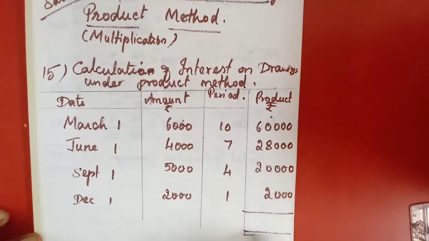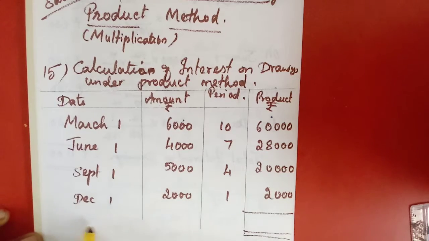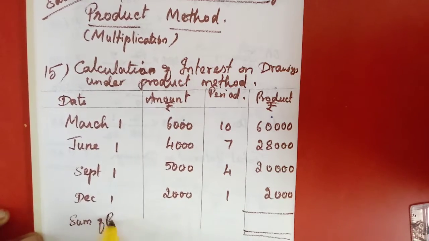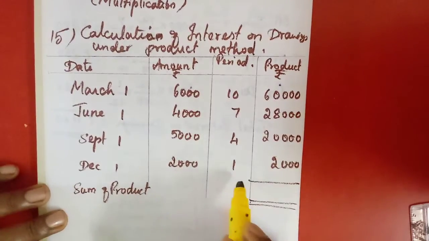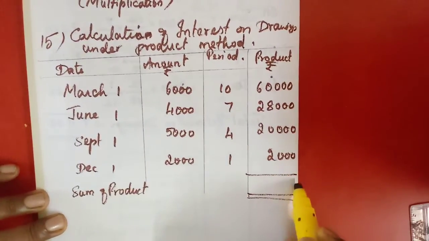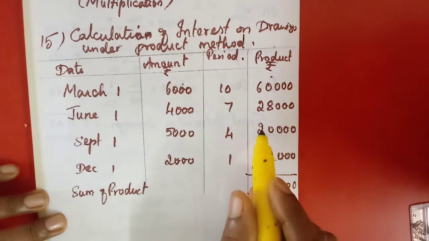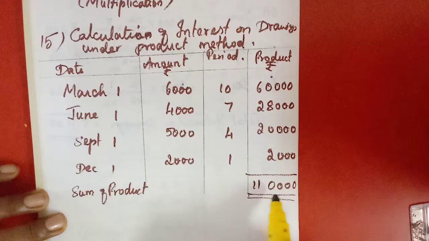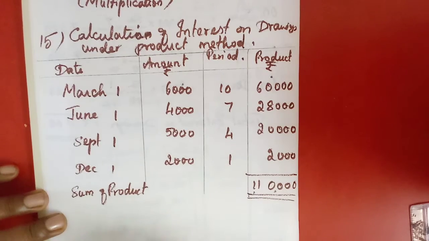Now we should add the sum of product. Sum of products: 1, 2, 3, 8 plus 2, 10, balance 1, 3, 5, 11. So 1,10,000.